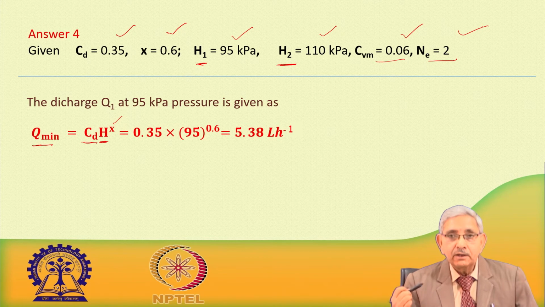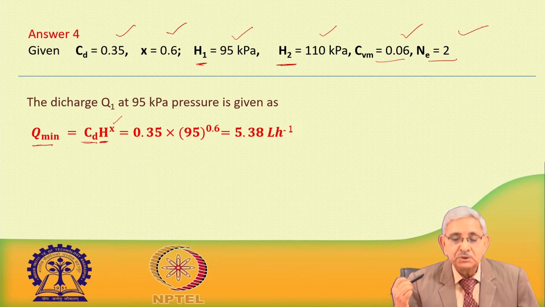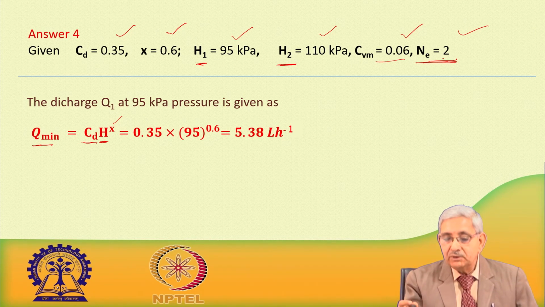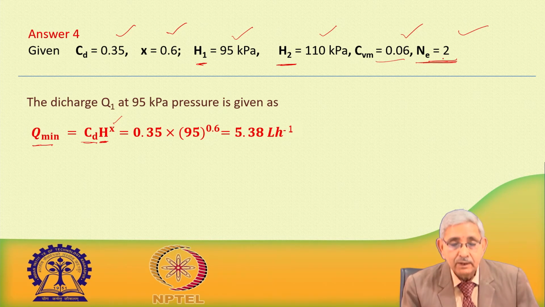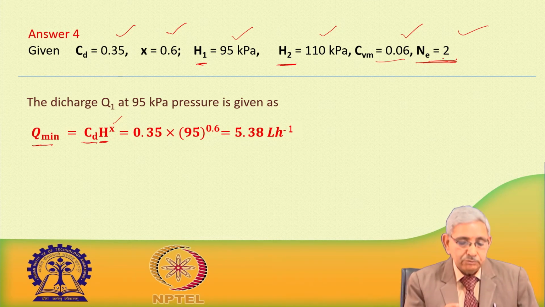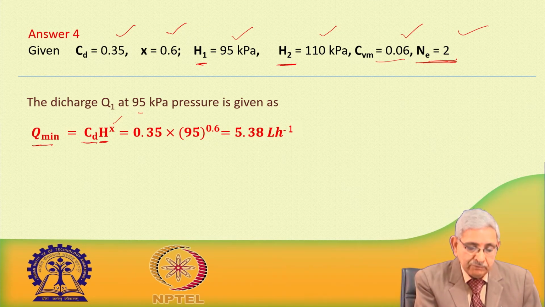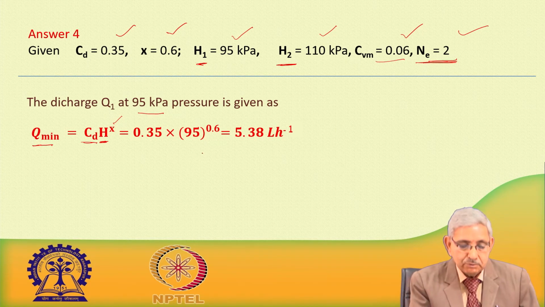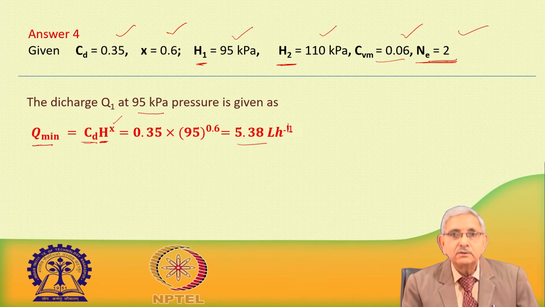Here, when we want to work with a point source emitter, we consider the number of drip emitters. In the case of line source drip emitters, we consider the length of drippers, so there we consider it as 1 all the time. With the 95 kilopascal pressure, when we substitute the value, we get 5.38 liter per hour.